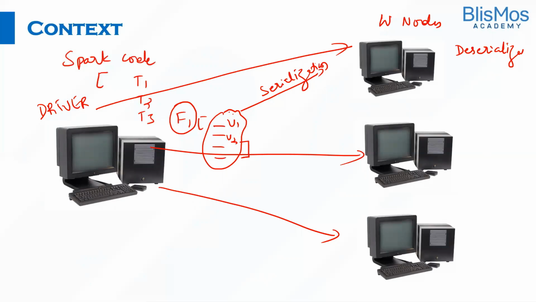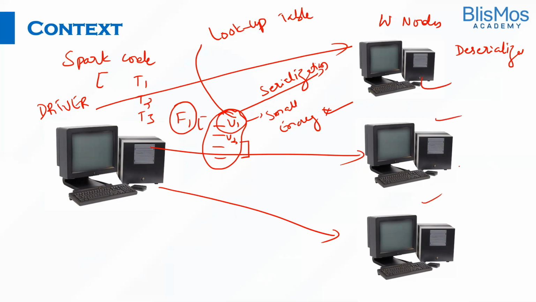If the variable is small enough, no problem. Everything is fine. If this variable is a big lookup table, then there is a problem because it has to be deserialized in the worker nodes many times, like once per task.